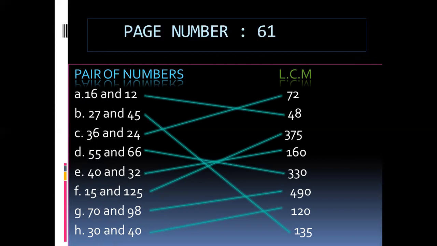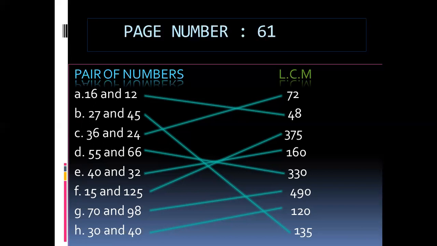48. 27 and 45. The LCM of these two numbers was 135. The LCM of 36 and 24 was 72. Then it is the turn of 55 and 66. The LCM of these two numbers was 330.